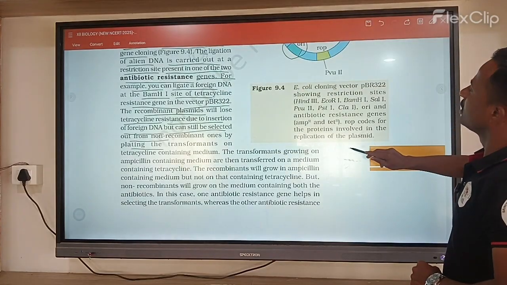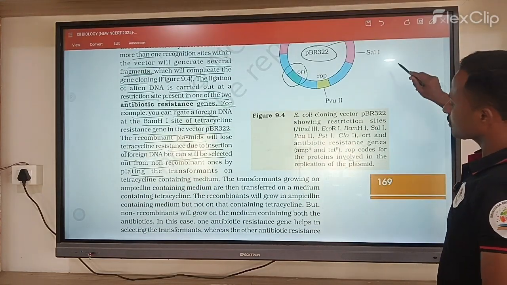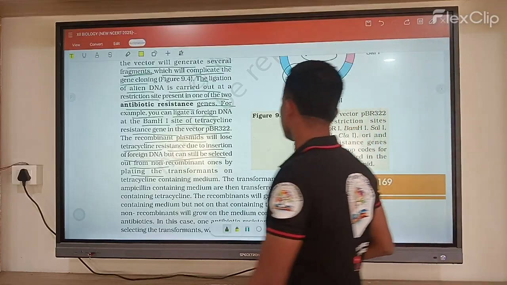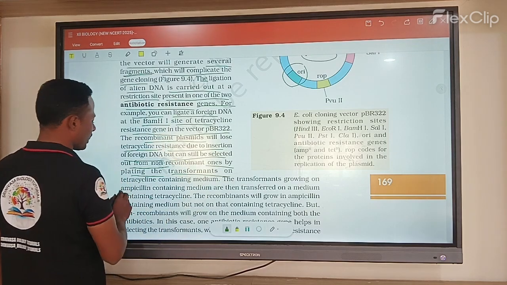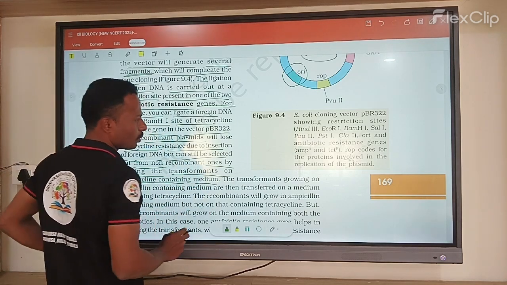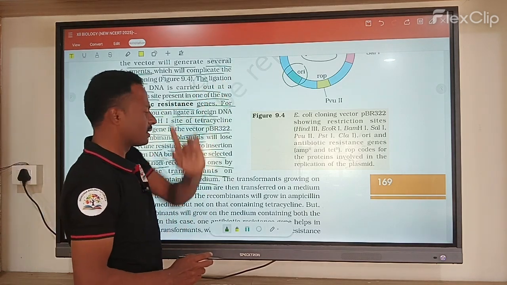Okay, now see in this process, there is the plating of the transformants on the ampicillin containing medium, and then they are transferred onto the medium containing tetracycline. So here ampicillin is present, but the recombinants do not grow on the tetracycline medium.